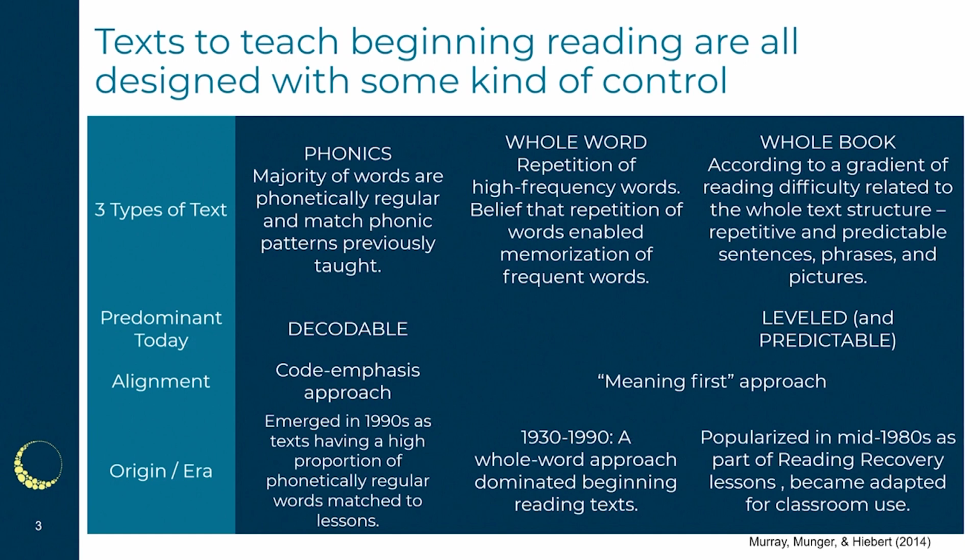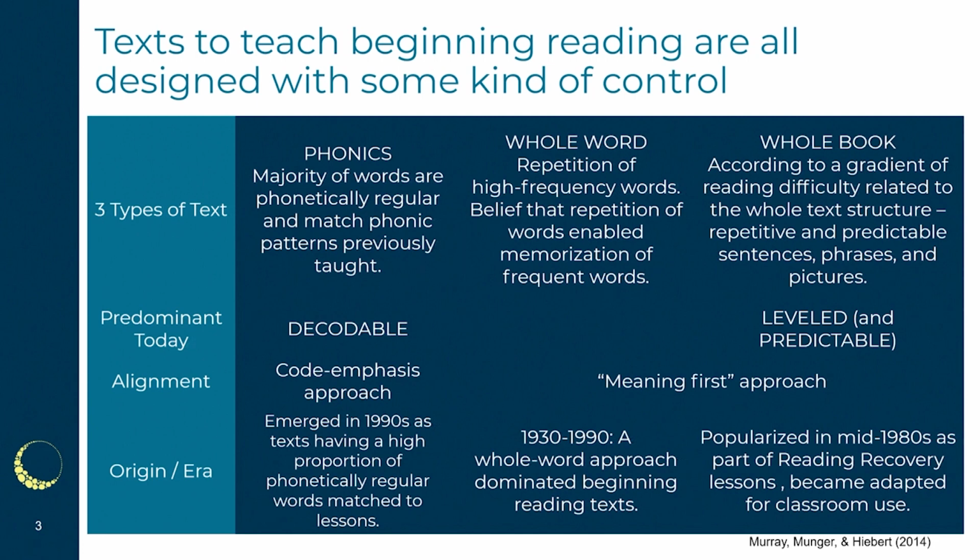The second row shows what each type is called today. For example, phonics texts were similar to those that we now call decodable today. As you can see in the rows underneath the word decodable, those decodable texts represent the latest in a long history of phonics texts that emphasized using the code to teach beginners to read.